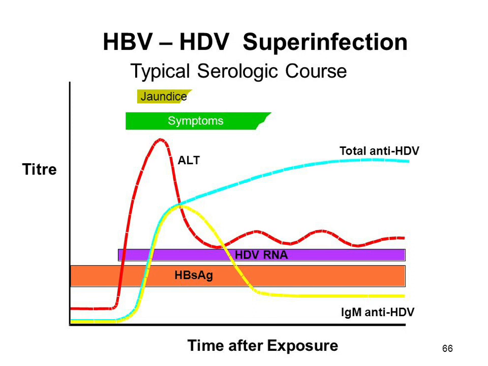In patients with chronic hepatitis B infection who are superinfected with hepatitis D, several characteristic serological features generally occur, including the titer of hepatitis B surface antigen declining at the time the hepatitis D antigen appears in the serum.